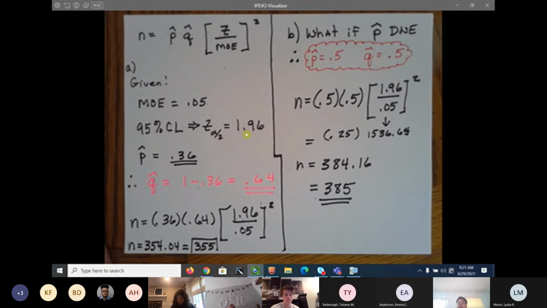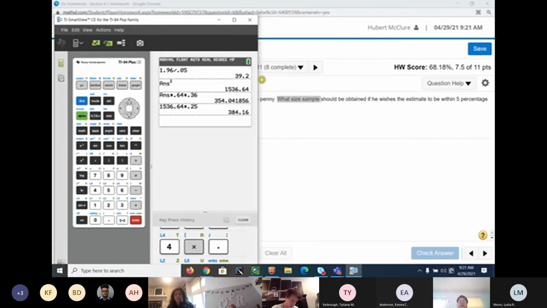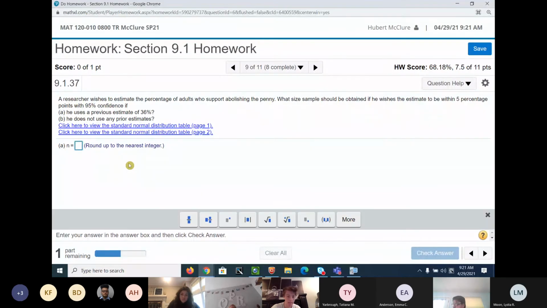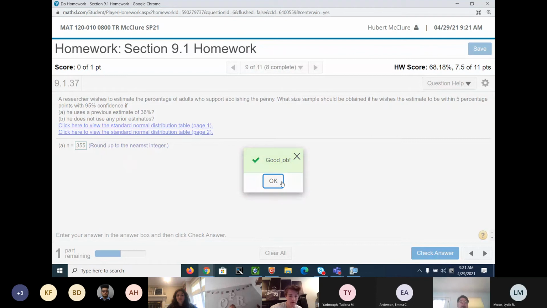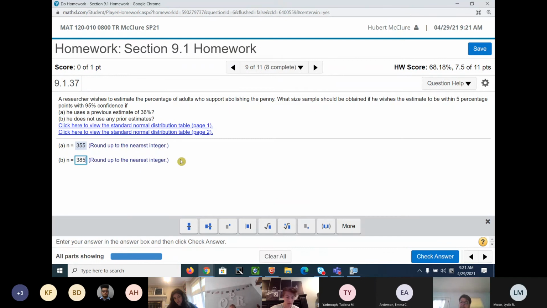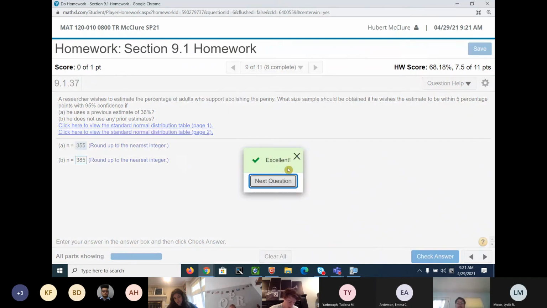So there's your two test questions right there: the one we did just before this one and this one. So let's see what the answers are. N is equal to 355, and N is equal to 385. That's it.